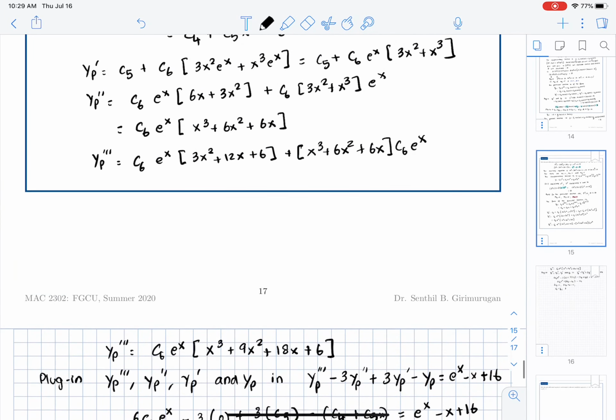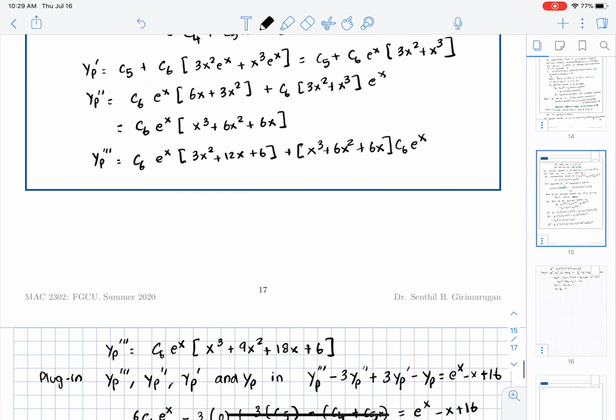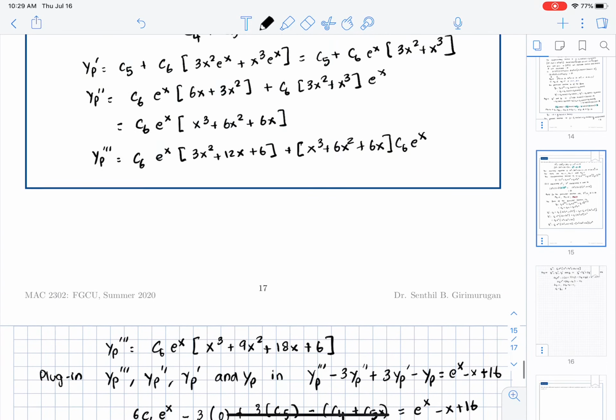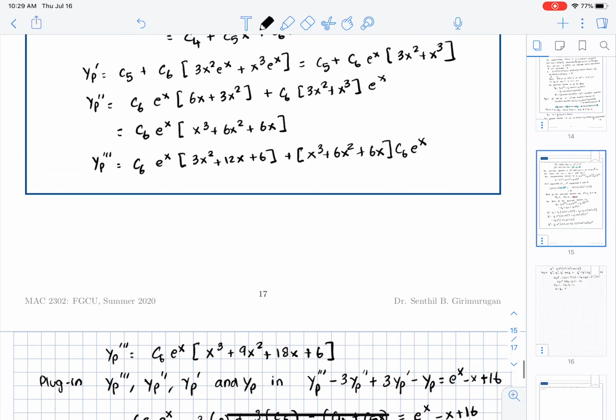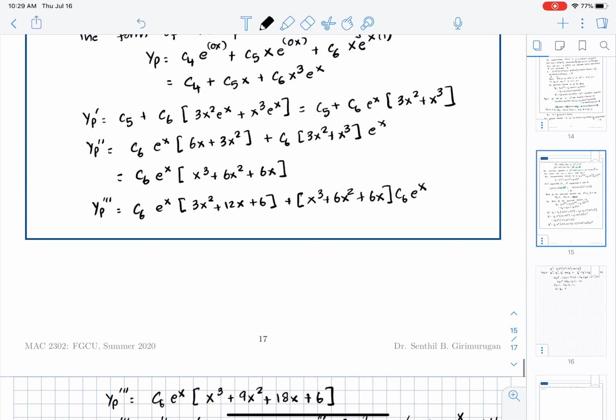In the second derivative, I only have those terms. In the first derivative, I have those terms.